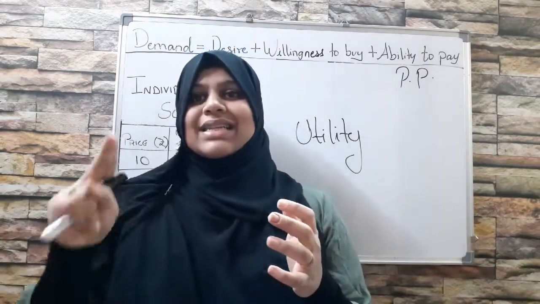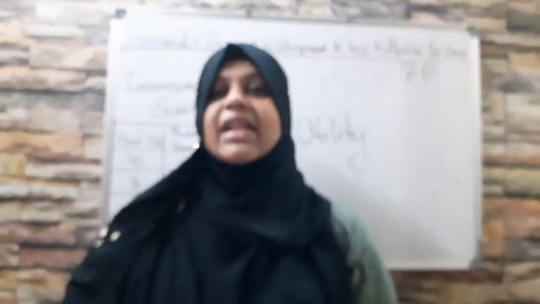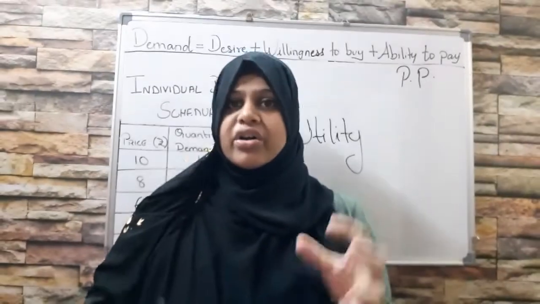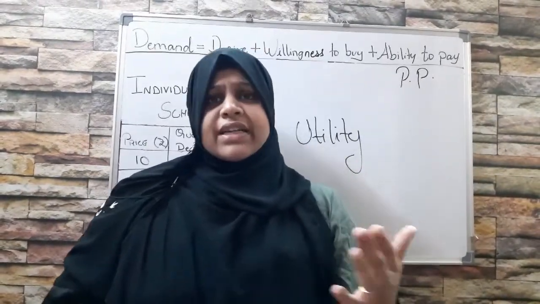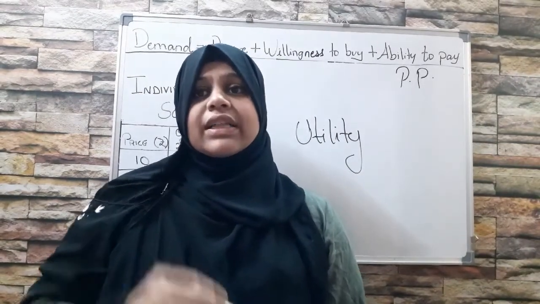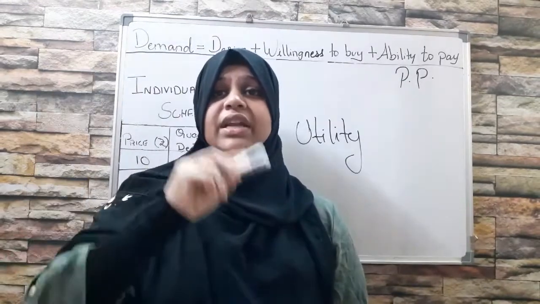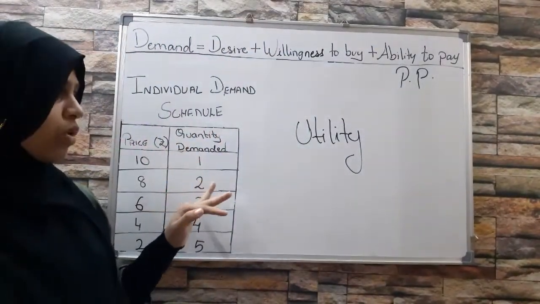Market demand is its opposite. It is the demand of the entire people demanding in that particular area or locality. Now, there is another important thing which is given to you, the individual demand schedule. I have made it here on the board.